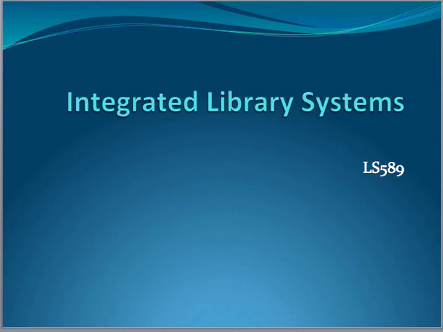The integrated library system is a very functional piece of hardware and software because it lets you integrate different modules for the library to be more efficient. I already mentioned the OPAC, but then you have the patron module, the cataloging module, the circulation module, the acquisition module. So you have several modules in one package that are sharing information.